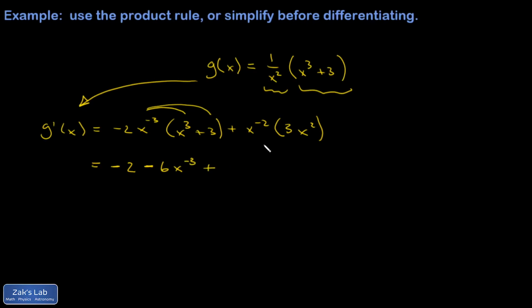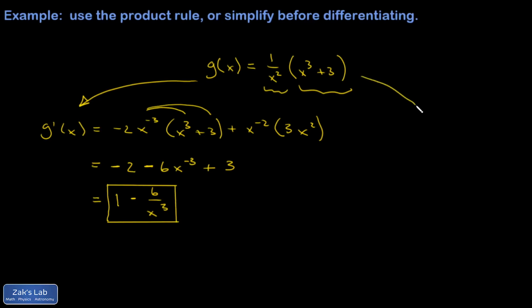All right, the last little bit over here, this last term, x to the negative 2, when I multiply that into this, it's going to cancel the x to the 2, and I end up with just a 3 there. Combine my constants to get a 1. And rewrite 6x to the negative 3 as 6 over x cubed. And we'll put a nice box around it.